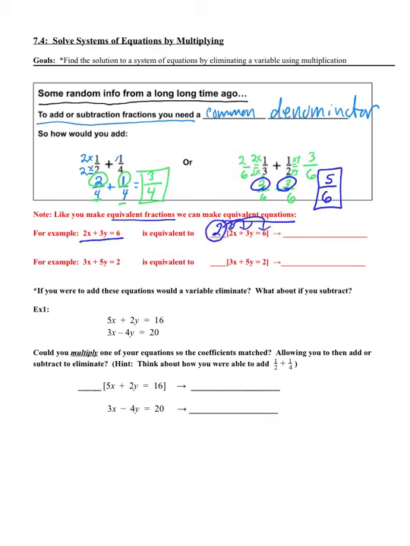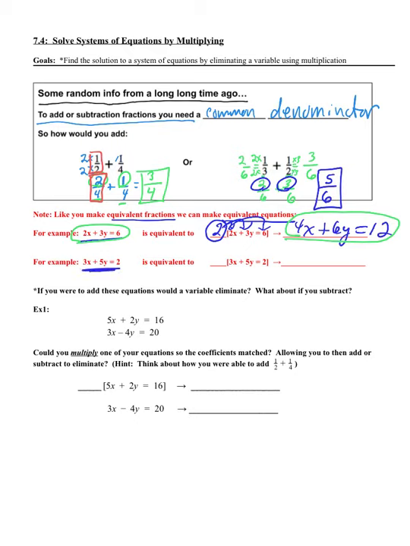So I get 2 times 2x is 4x, plus 6y equals 12. And what I am showing you here is that this equation is equivalent to this equation, all right? So if I wanted to apply it, you're thinking this fraction, 2/4, is equivalent to 1/2, all right?